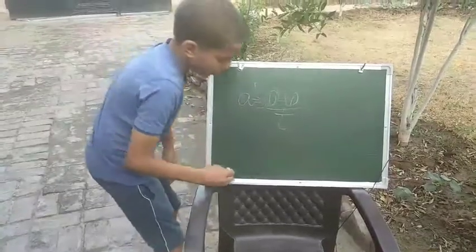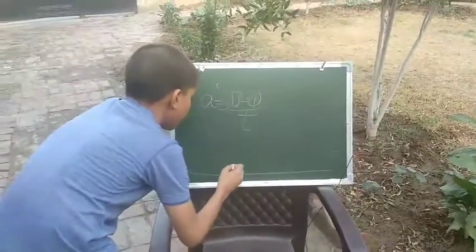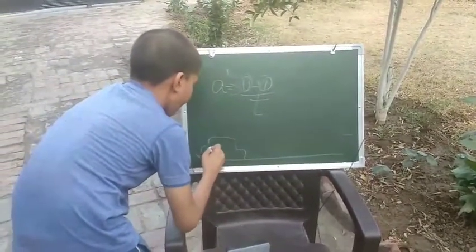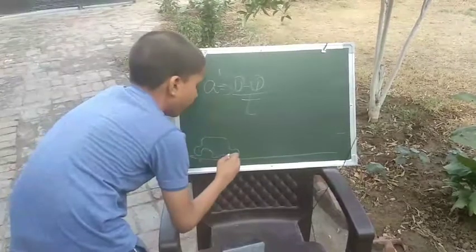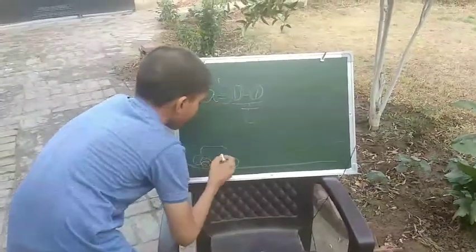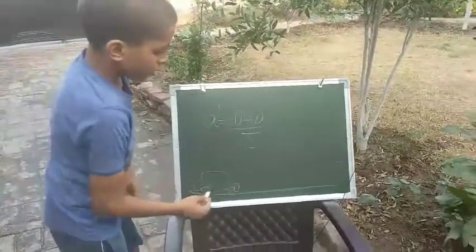So for example, this is a road, and this is a car, and a person is in the car.